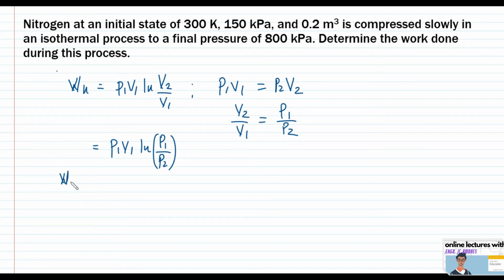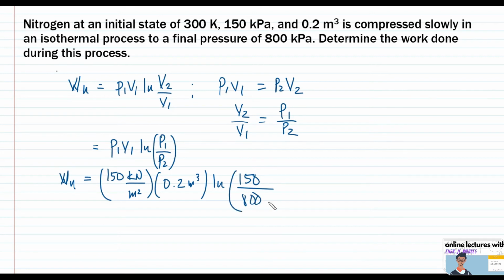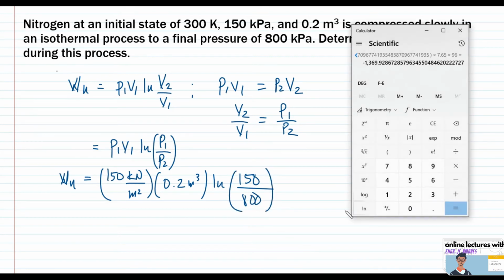Okay, so non-flow work is equal to P1, which is 150 kilonewton per square meter, and V1 is 0.2 cubic meter, times the natural logarithm of P1 over P2, so 150 over 800. Let's get our calculator.